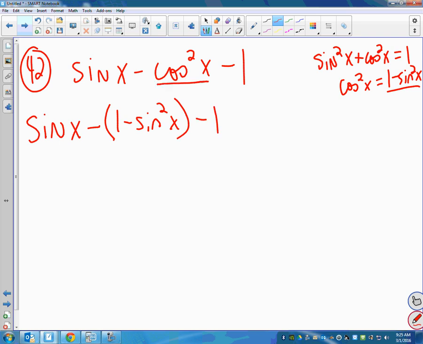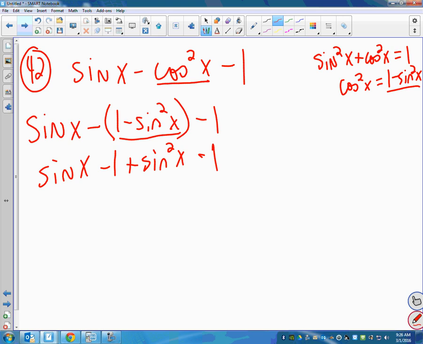So I replaced cosine squared with the Pythagorean identity, but because there's a subtraction sign in front, that subtraction is going to go to both of those. So you have to, again, really watch your distributive property. So when I do this, that's going to give me minus 1 plus sine squared, and then minus.